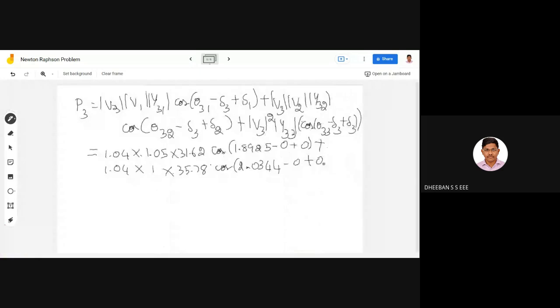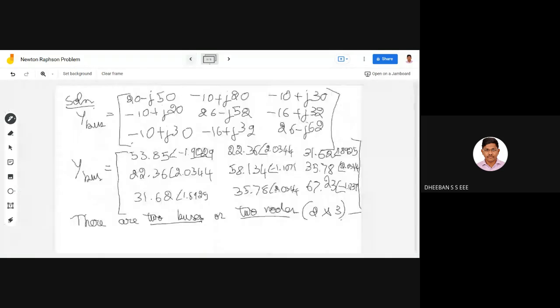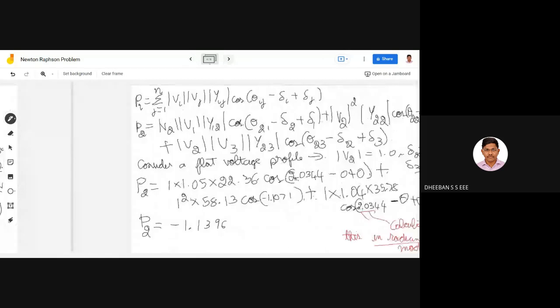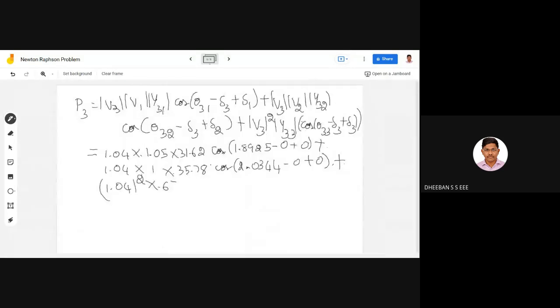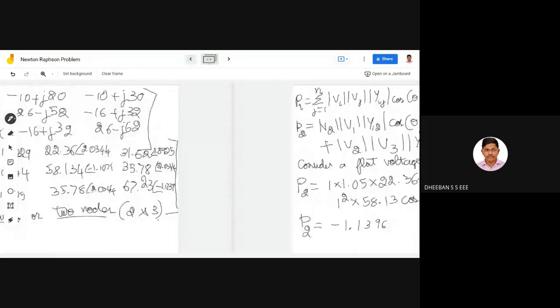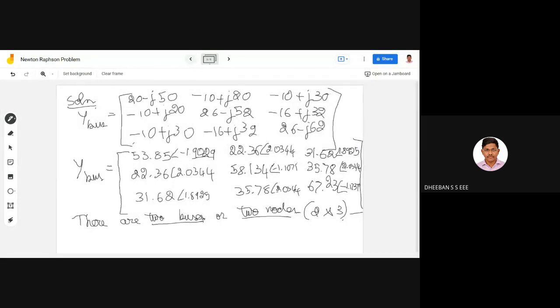Since it is the first iteration, these values are 0. After this, plus V3 square, so 1.04 square into Y33, 67.23, into cos of theta 33, it is minus 1.1739.